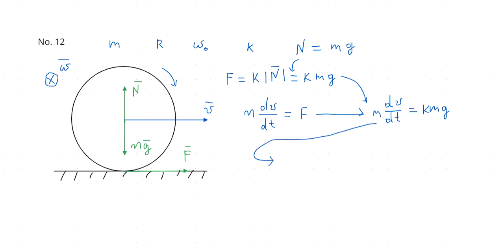We obtain dv by dt is equal to kg. Okay, and how can we find the velocity v from this equation?